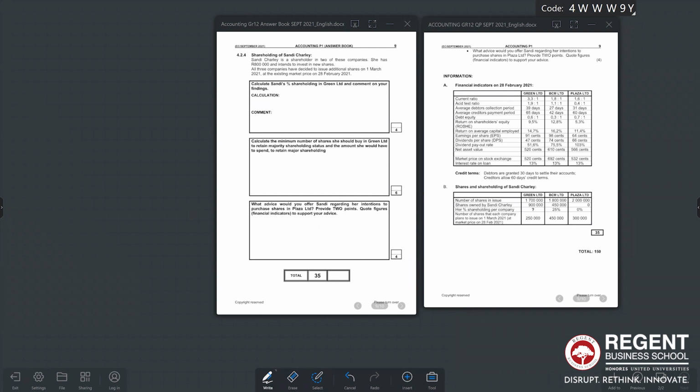She has 800,000 and intends to invest in new shares. All 3 companies have decided to issue additional shares on the 1st of March at the existing market price on the 28th of February. They want you to calculate Sandy's percentage shareholding in Green Limited and comment on your findings.